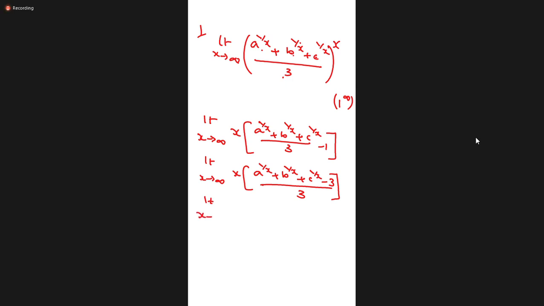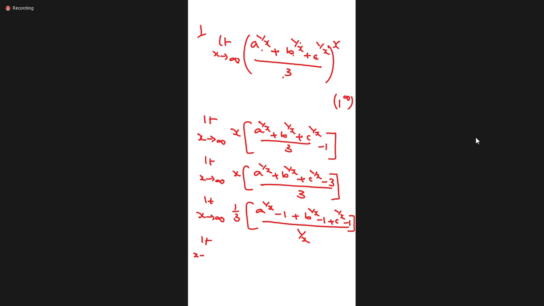Now the numerator, split: 1 by 3 outside, a power 1 by x minus 1 plus b power 1 by x minus 1 plus c power 1 by x minus 1. Denominator whole by 1 by x.